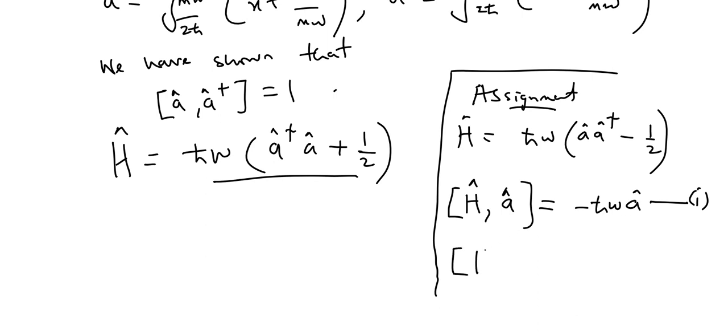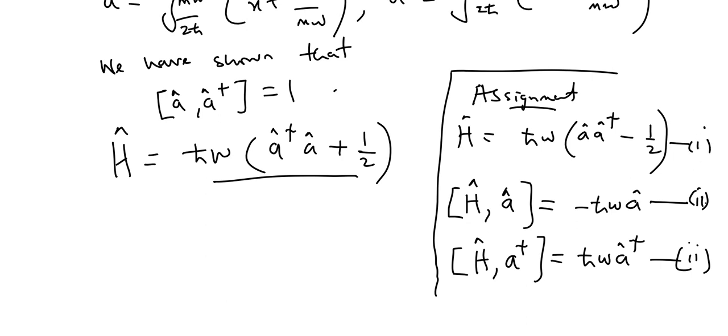The same way, the commutator of the Hamiltonian operator against a dagger is h bar omega a dagger. So please show these three relations, 1, 2, and 3. Please show that these three relations are valid.